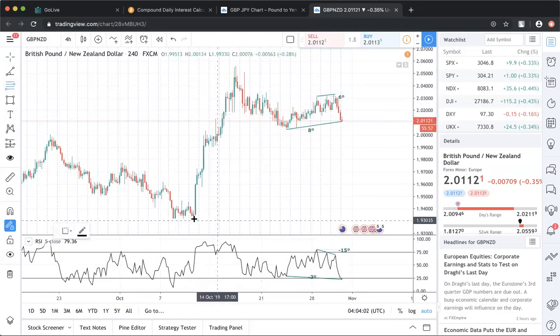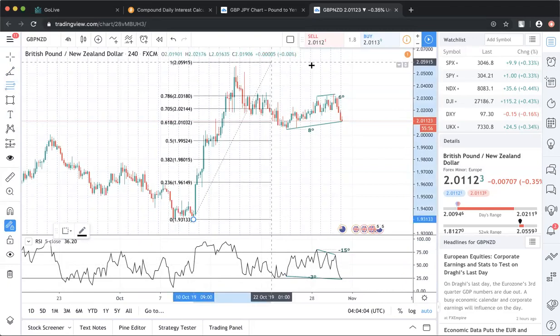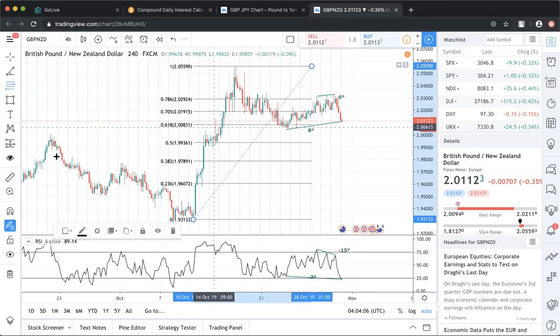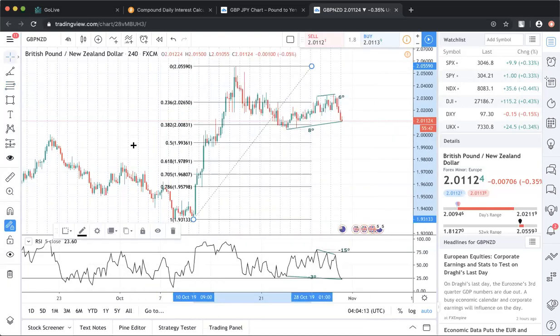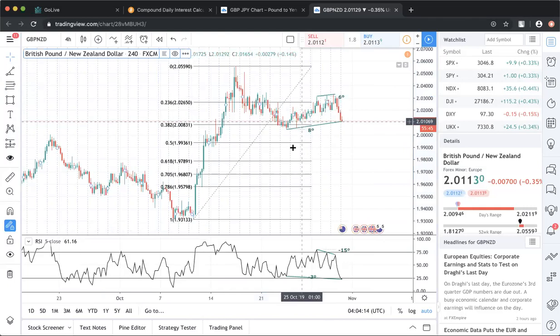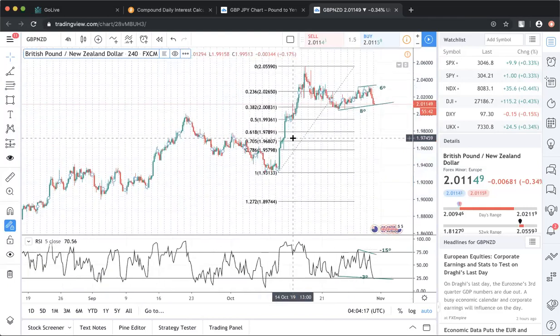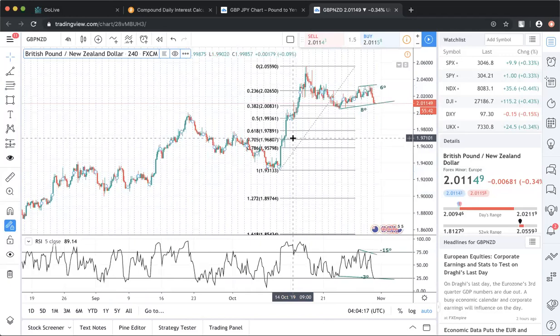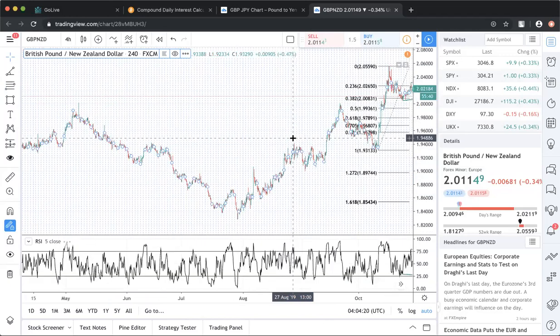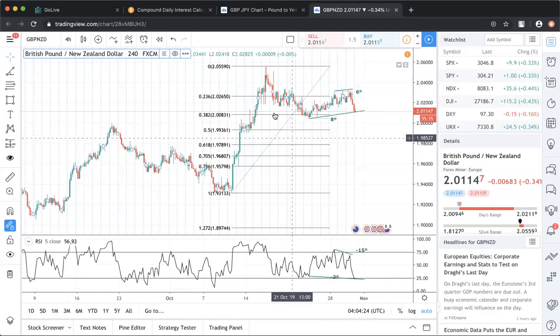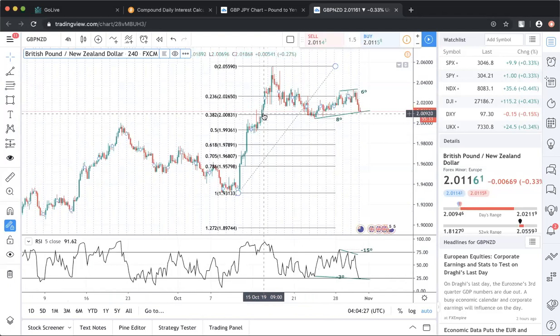Right now, if we were to fib this big move right here, my fib's flipped. We have a 38.2 rejection. I don't see any structure around that 38.2, except for this big rejection over here.